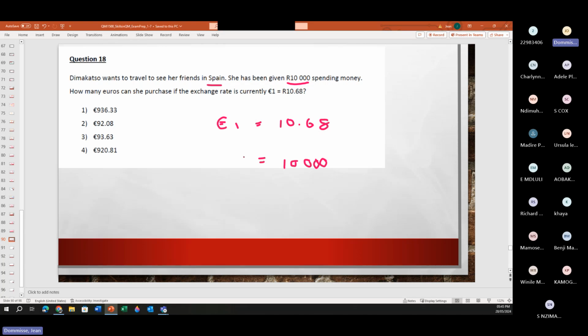So how we will work out how many euros is to say 10,000 divided by 10.68.